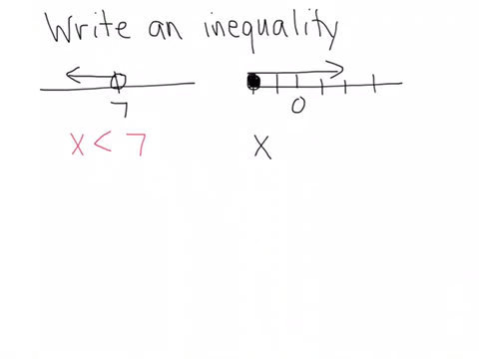My dot is at negative 2. I'm going to say, okay, well, am I going to be an or equal to or not or equal to? This time it is an or equal to because it's a filled in circle. And I'm going to say, am I covering the numbers that are bigger than negative 2 or the numbers that are less than negative 2? In this situation, I'm covering the numbers that are greater than negative 2. So my inequality is that x is greater than or equal to negative 2.